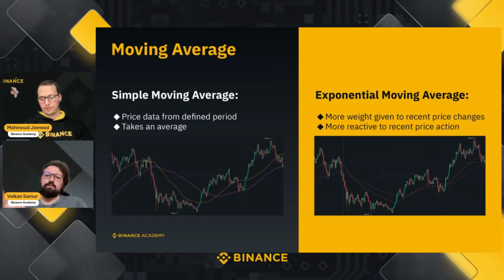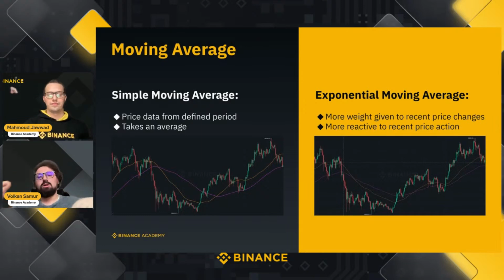So with moving averages, there are many different types, but usually the most commonly used ones are the simple and exponential moving average. On top of that, the moving average can be set in many different time periods. Very commonly used ones are the weekly, the monthly, 50-day, 200-day.